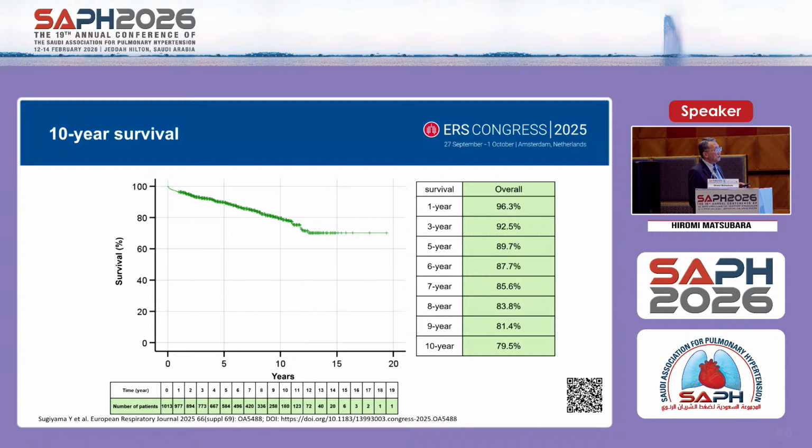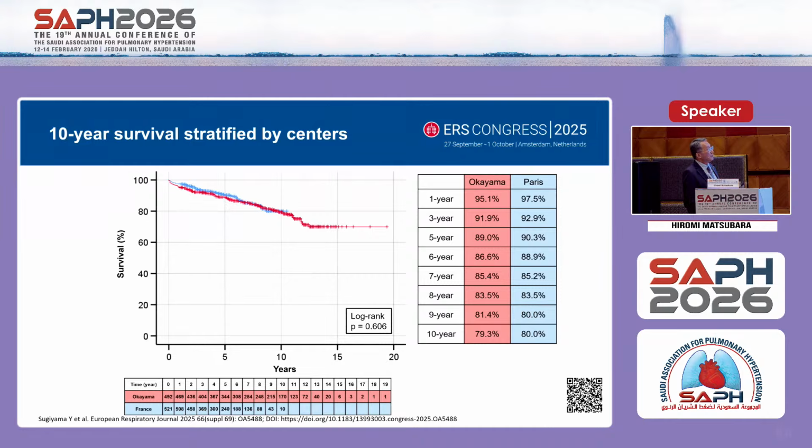It means that during our initial experience, we had to establish the technique, and in that period the complication rate was much higher compared to current experience, but it is still included in this data. The 5-year survival rate is about 90%. For 10 years, about 80%. It's almost comparable to that of PEA, the surgery.